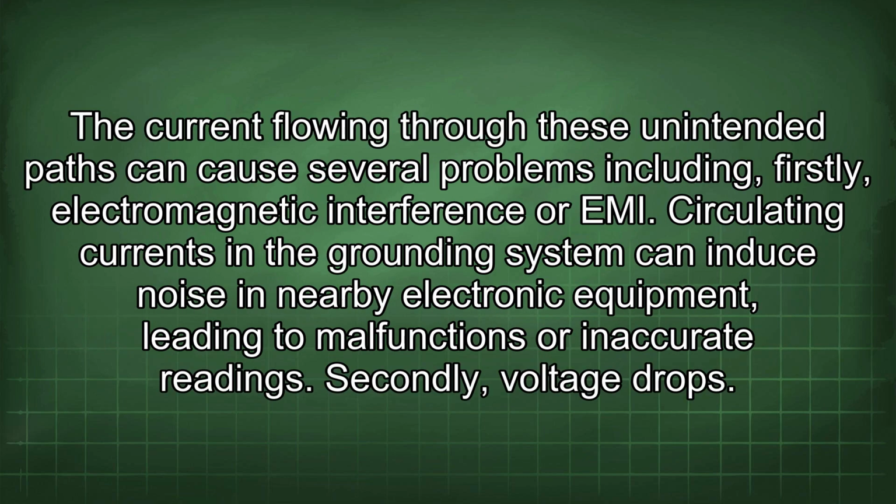The current flowing through these unintended paths can cause several problems, including, firstly, electromagnetic interference or EMI. Circulating current in the grounding system can induce noise in nearby electronic equipment, leading to malfunctions or inaccurate readings. Secondly, voltage drops.